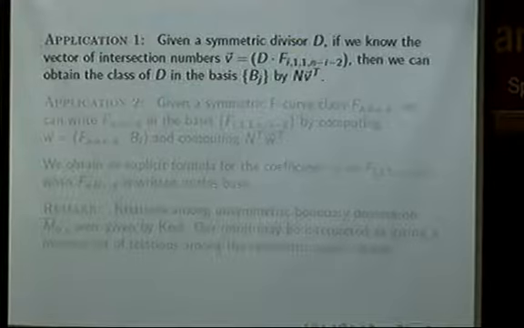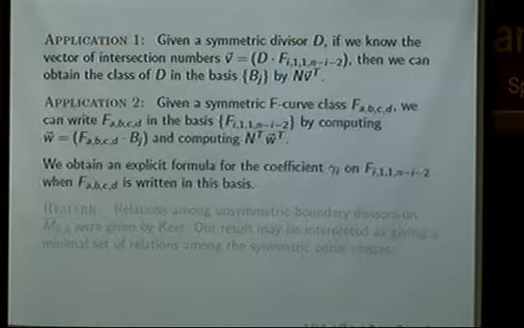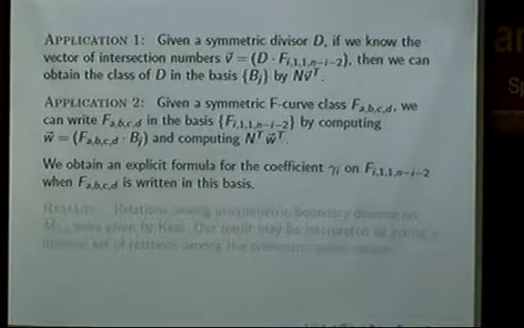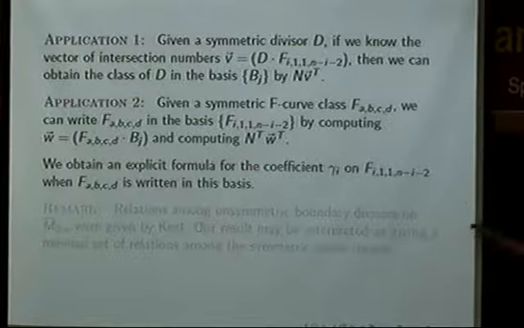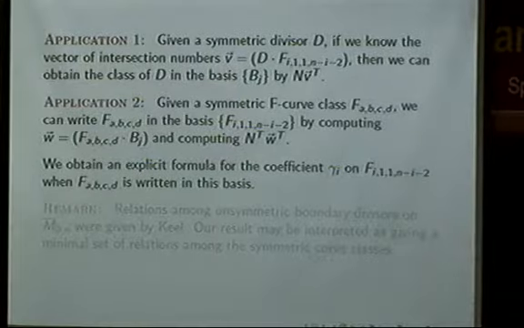As a second application, if you give me any symmetric F curve class, I can write that curve class in the basis given by these 1,1 curves, again, by an explicit matrix multiplication. Okay, so I can give you an explicit formula for how to write any one of these curves in this basis.